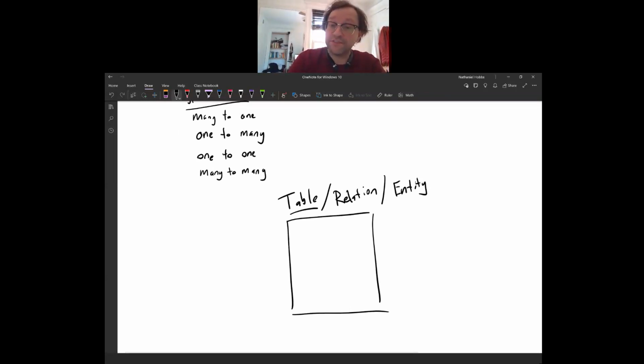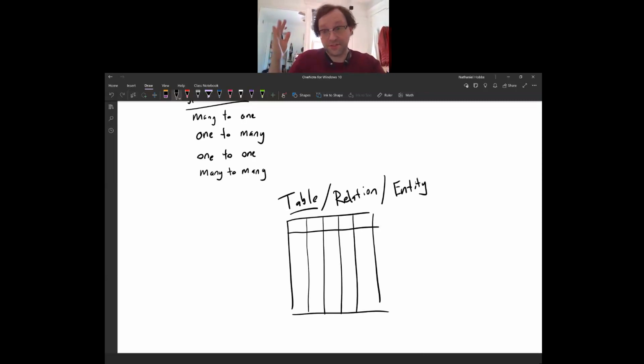So you have a bunch of data, and that data has attributes, and you store it in rows and columns. That's one way to think about all of the data that you have. And this table has a certain number of rows and a certain number of columns.